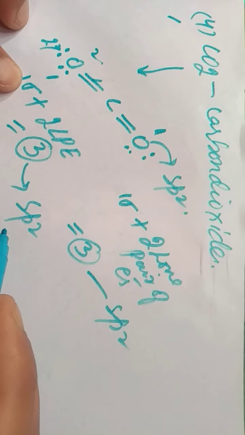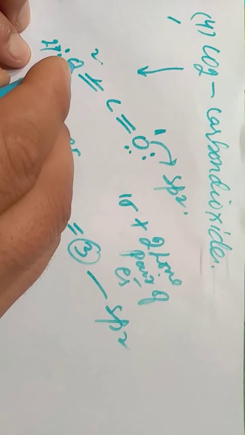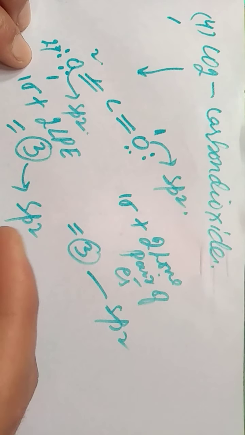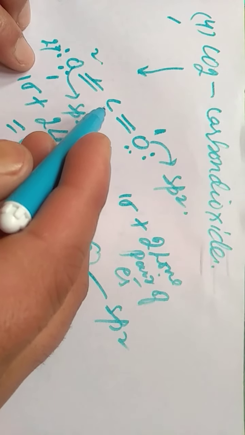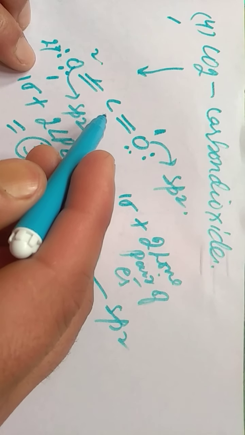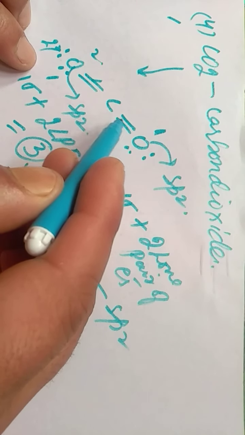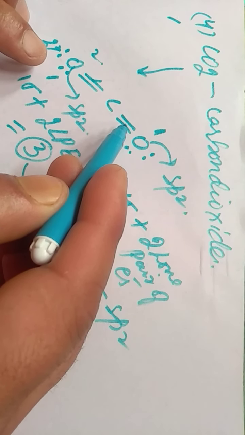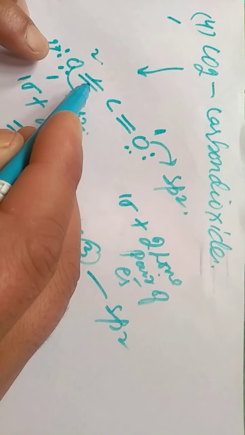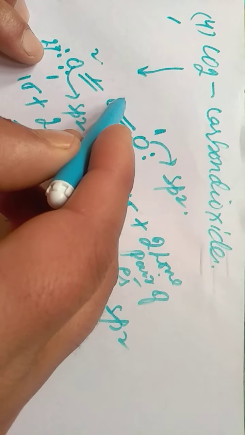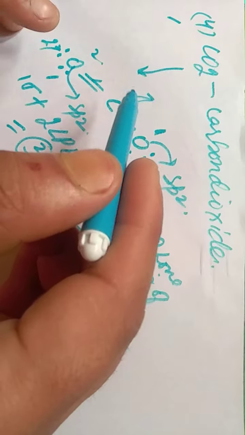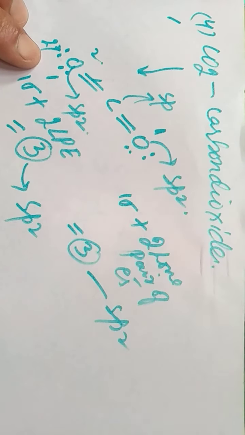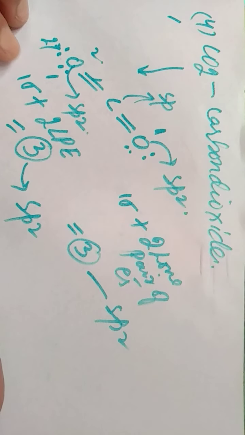It is sp2 hybridization. So both these oxygen atoms are sp2 hybridized. Now what about this central carbon? One sigma bond is on this side, another sigma bond is on this side. So 2 sigma bonds, so this central carbon is sp hybridized, right?